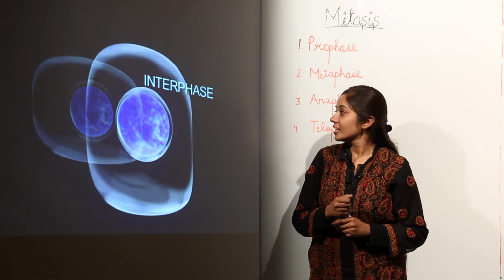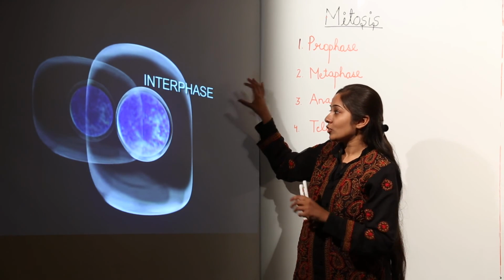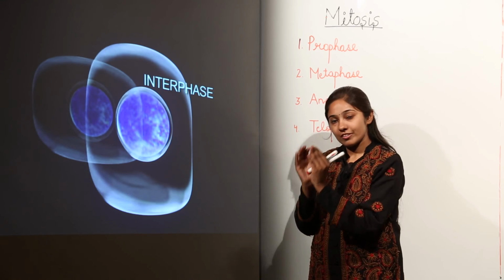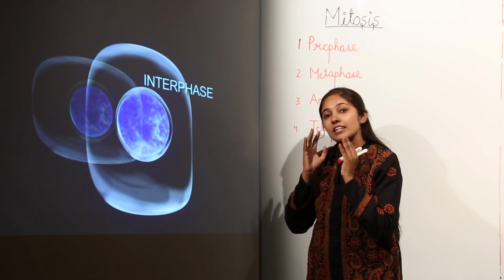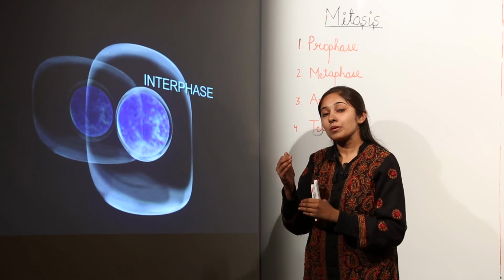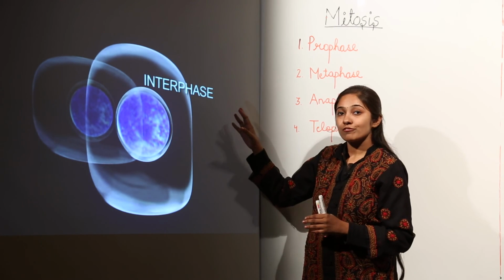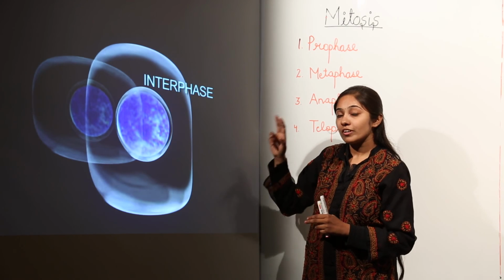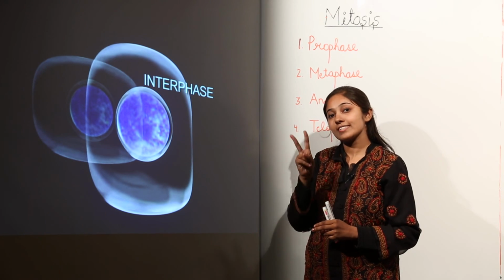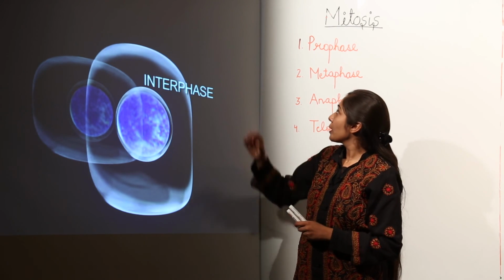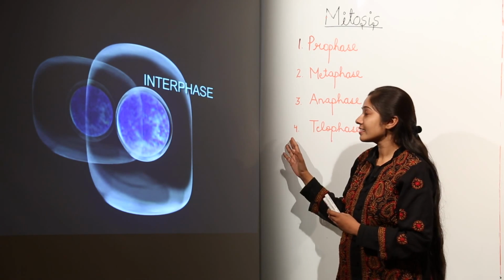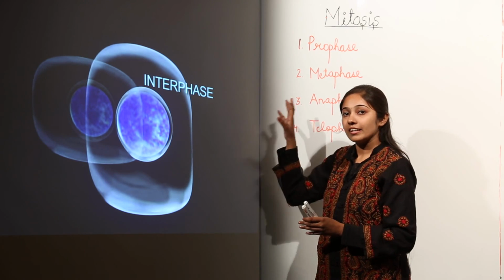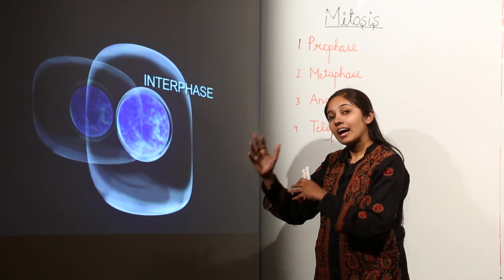So after telophase, the cells enter the interphase stage, in which they do all the metabolic activities in order to prepare for further division into two daughter cells. This is how the mitosis cycle completes in these four stages, and after this it enters the interphase stage where the cycle again begins.